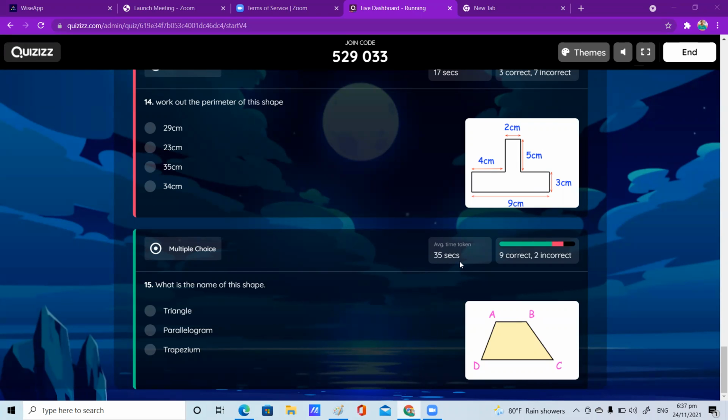AB and DC are parallel sides or not? Yes, ma'am. So one pair of parallel sides means trapezium, children. If the non-parallel sides are equal in a trapezium, we can call it an isosceles trapezium. We will learn a little later. Don't worry about those.